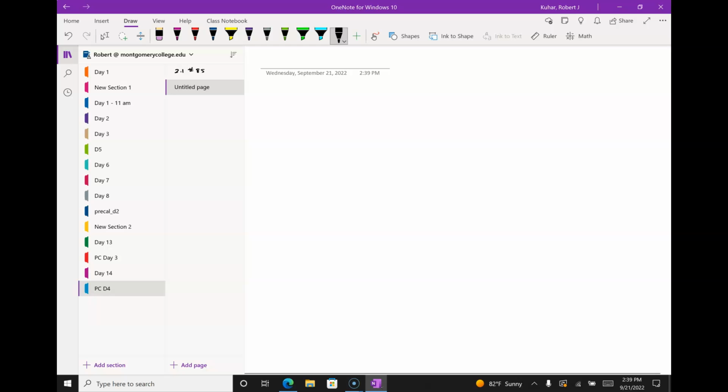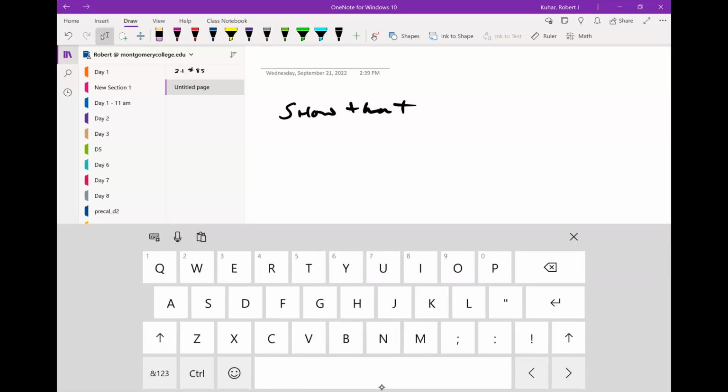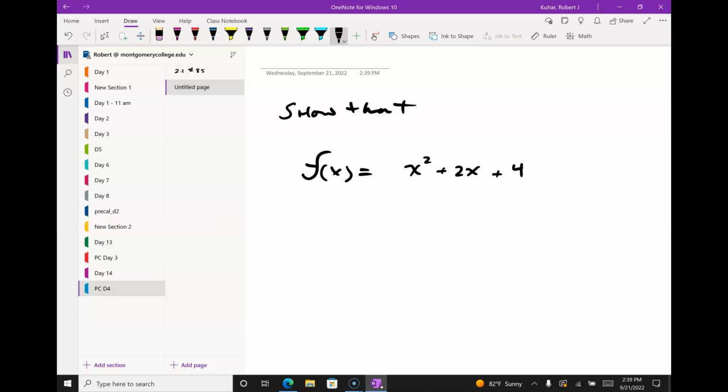So I want to show that f of x equal to x squared plus 2x plus 4 is a translation, just want to move it, of y equals x squared. And we're going to do that using complete the square, right?